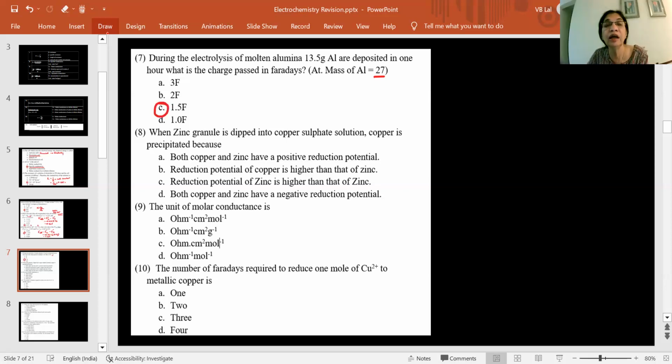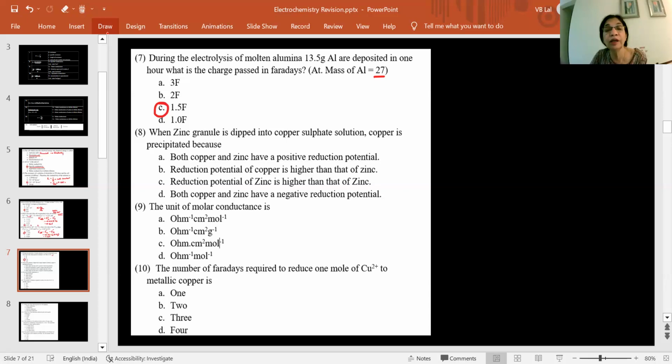Now, when zinc granule is dipped in copper sulfate solution, all of you should be able to answer this. When zinc granules are dipped in copper sulfate solution, copper is precipitated. Why? Because both copper and zinc have positive reduction potential. Reduction potential of copper is higher than that of zinc. Reduction potential of zinc is higher than that of copper.